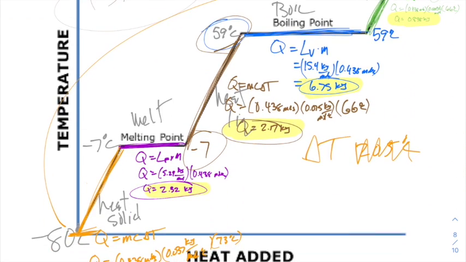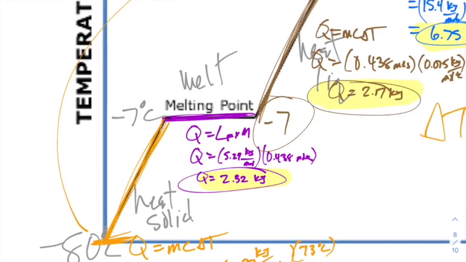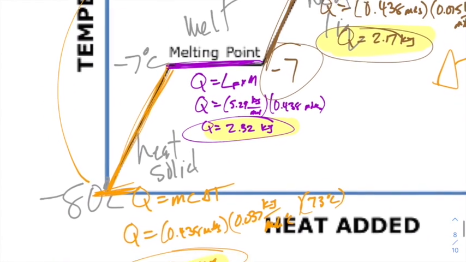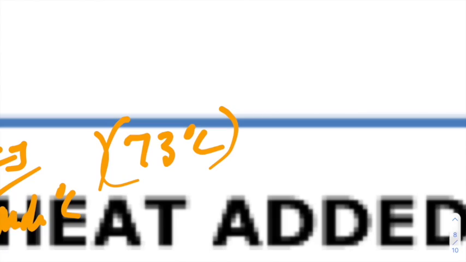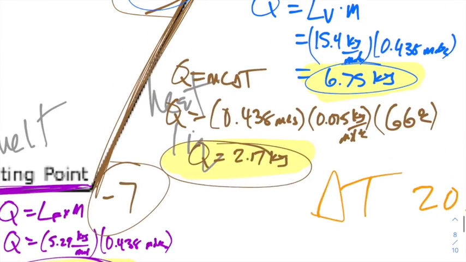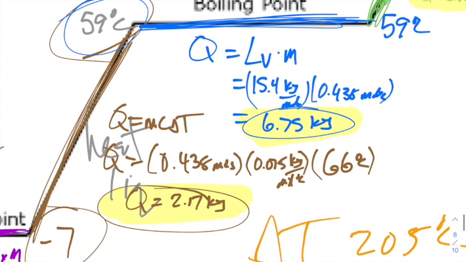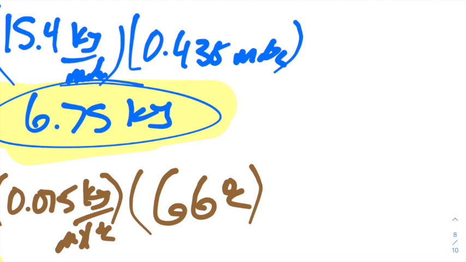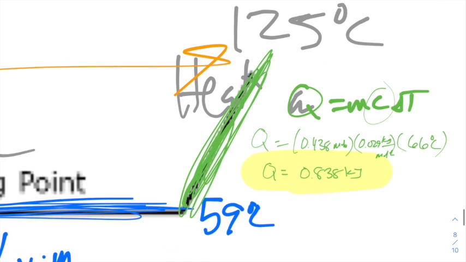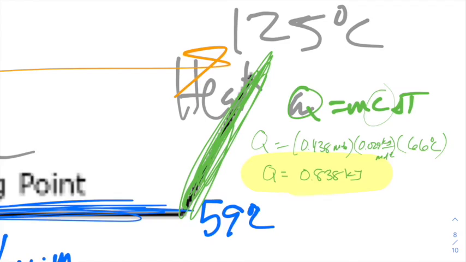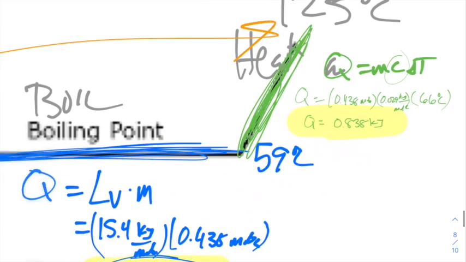Just out of completeness' sake, remember that 205 that we were talking about before? Remember him? Well, let's just double check. We went from negative 80 up to negative 7. That was 73, right? And then we went from negative 7 up to 59. That's another 66. And then we went from 59 up to 125. That was another 66.